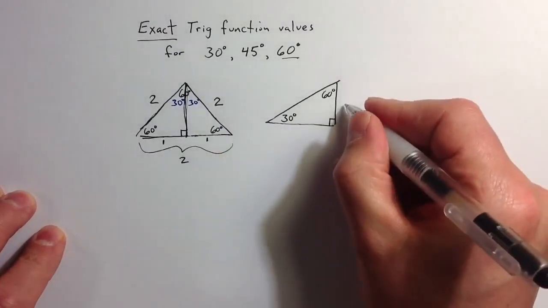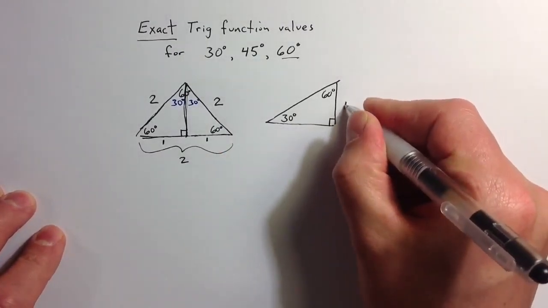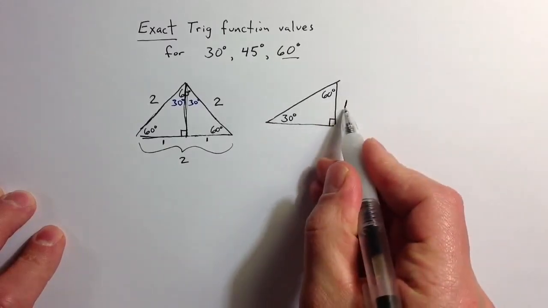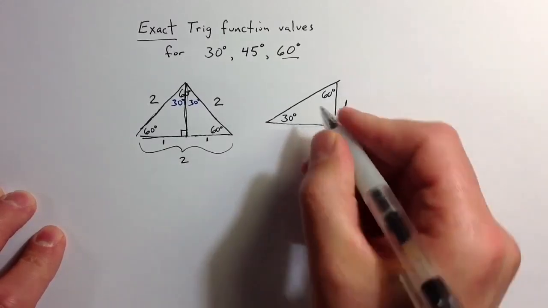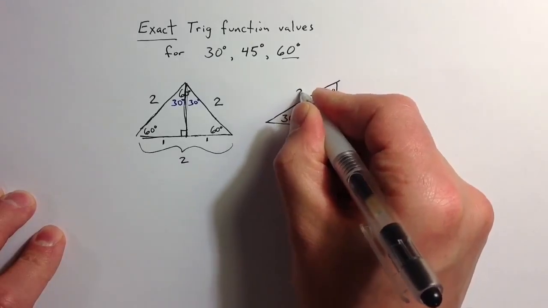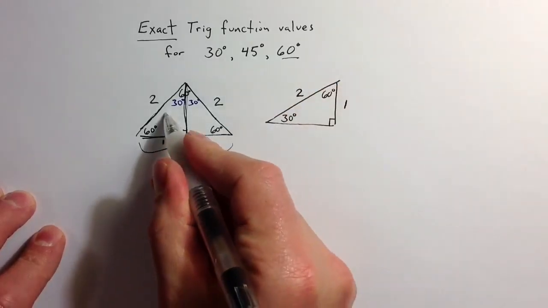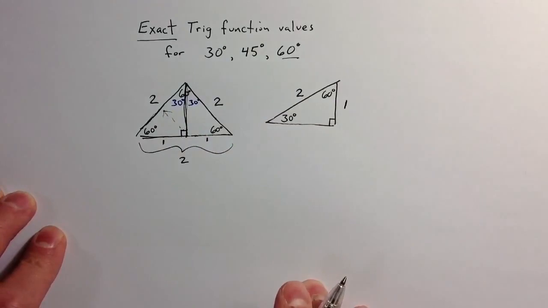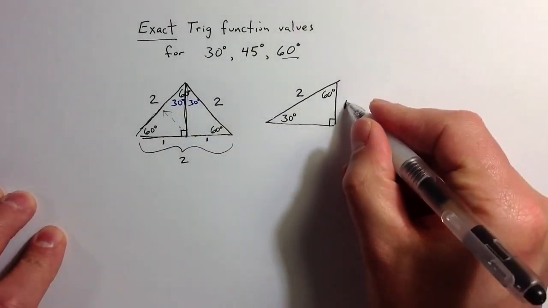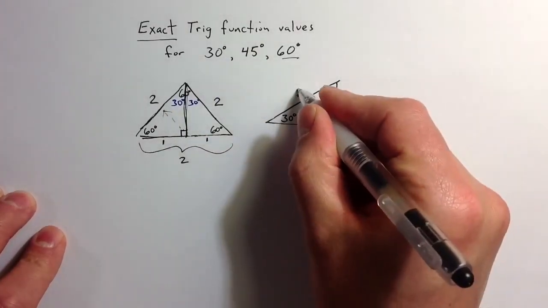And so in this other diagram, the side opposite the 30-degree angle is length 1, and the side opposite the 90-degree angle has a length 2. In any case, this side length is going to be exactly half that side length.